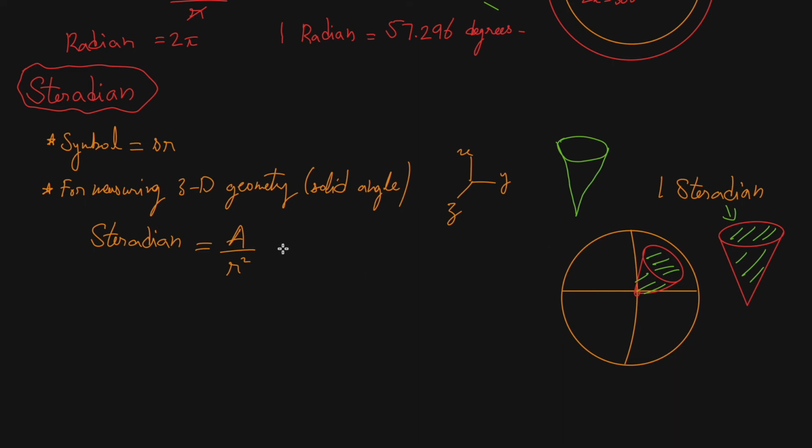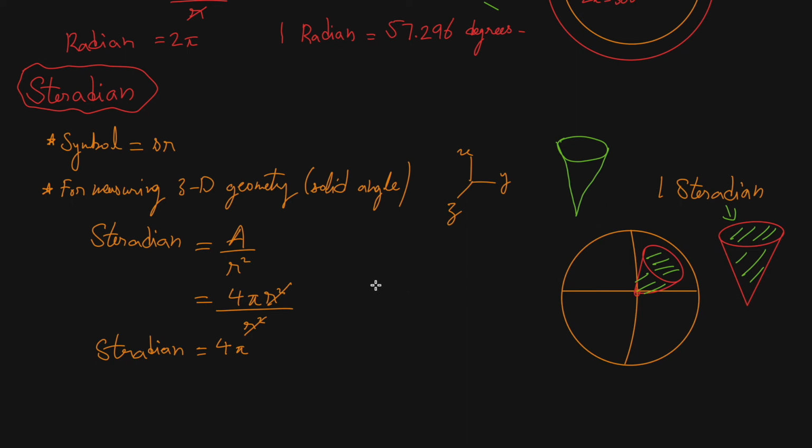We know that the area of the surface of the sphere is given by 4 pi R squared. So the whole surface will be 4 pi R squared, divided by the R squared below. So we will have 4 pi. So it will take 4 pi steradians in order to make a sphere.